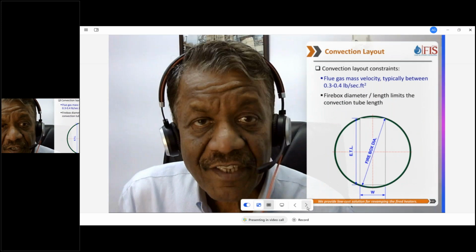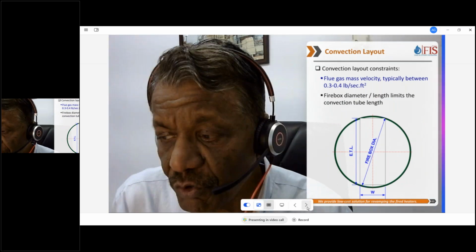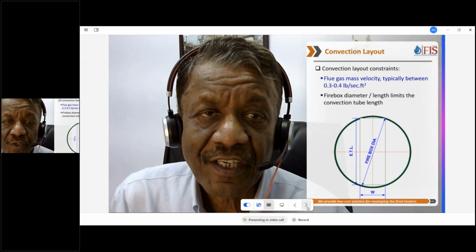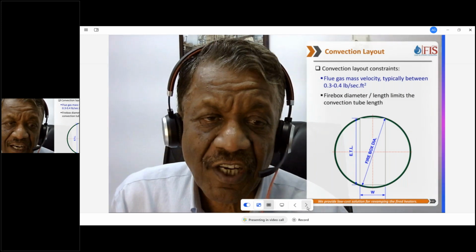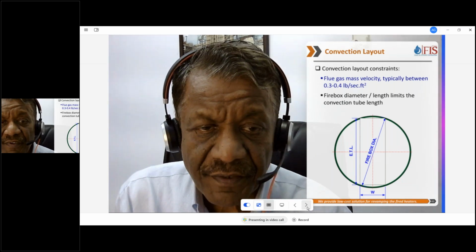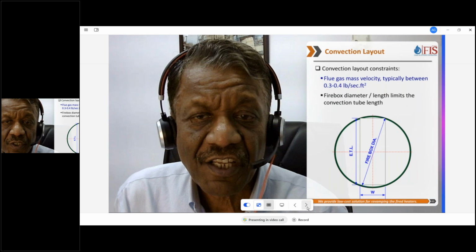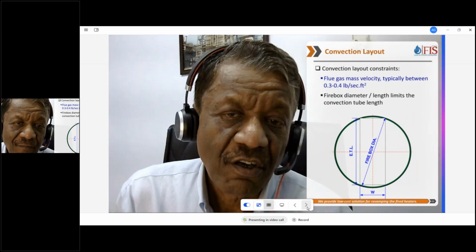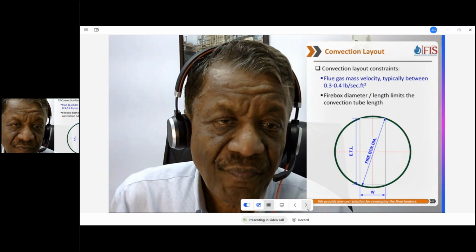Another important thing we have to do when sizing the radiant section is to determine the convection section layout, because some amount of radiant heat is transferred to the bottom row or the bottom 3 rows of the convection section.